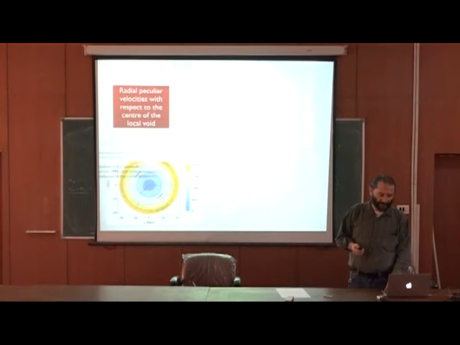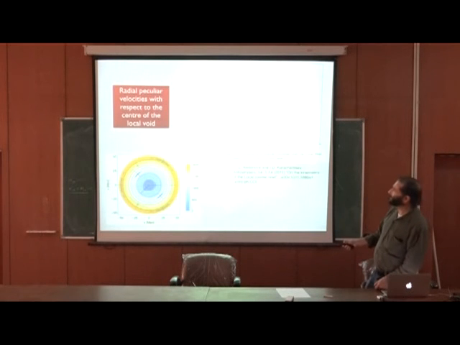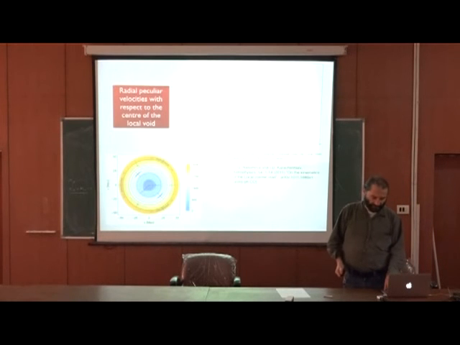This is what we obtain, and this is the experimental data. Experimental data says that peculiar velocities roughly increase linearly with respect to the center of the local void, and this is exactly what we obtain, and in fact, we reproduce the numerical values of these peculiar velocities.